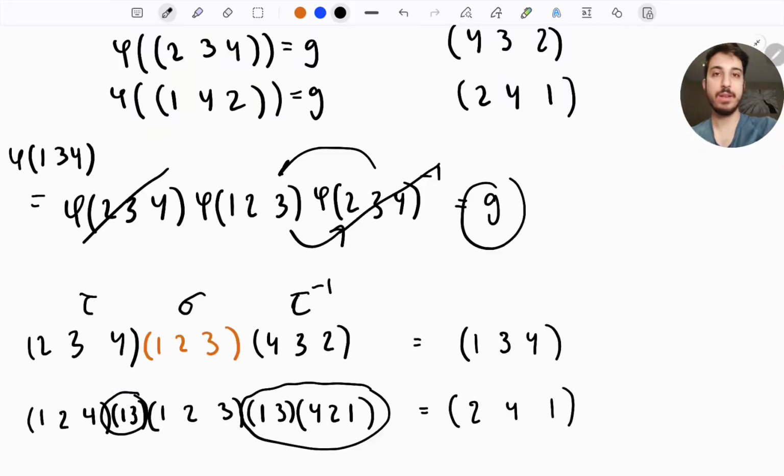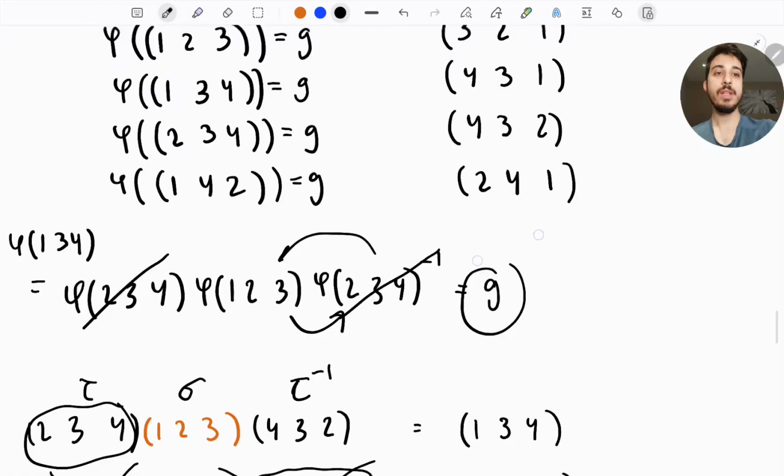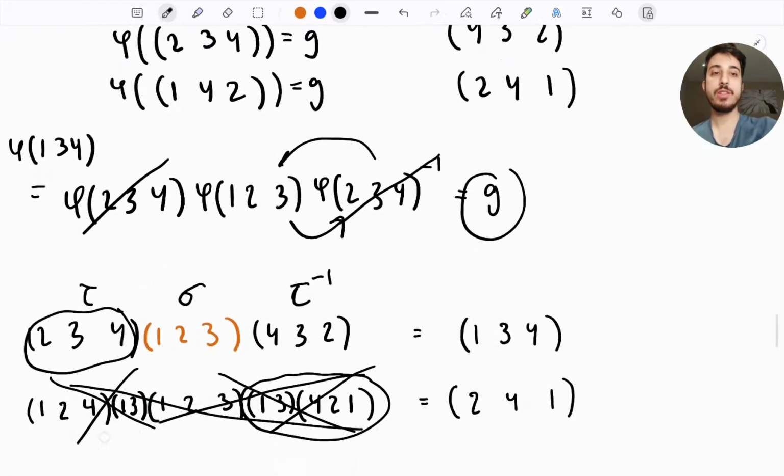This is not a 3-cycle, so this is not even valid as an element of A4. Here it worked because tau is a 3-cycle. So we do not have such a conjugacy from A4.